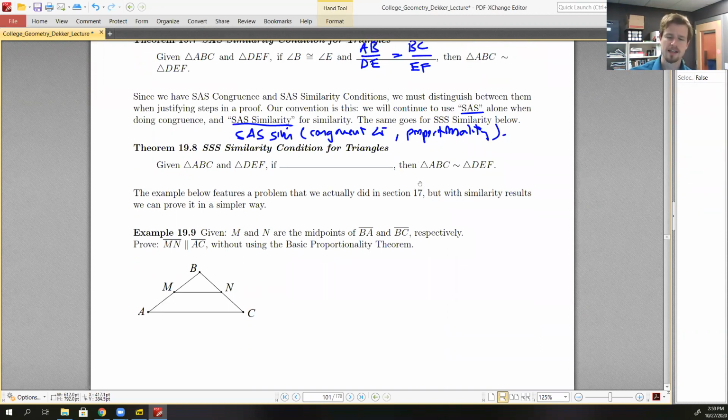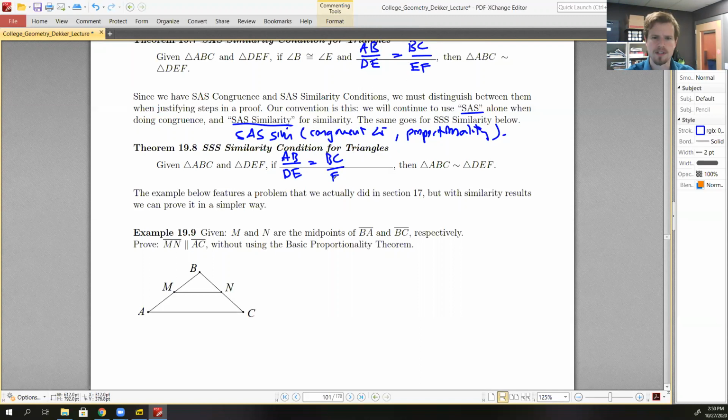So the side, side, side similarity condition also can be used. Of course, the notation would be similar here. We use SSS sim for similarity. Again, we're looking at satisfying the proportionality in this case. So we want AB over DE to be equal to BC over EF to be equal to AC over DF.